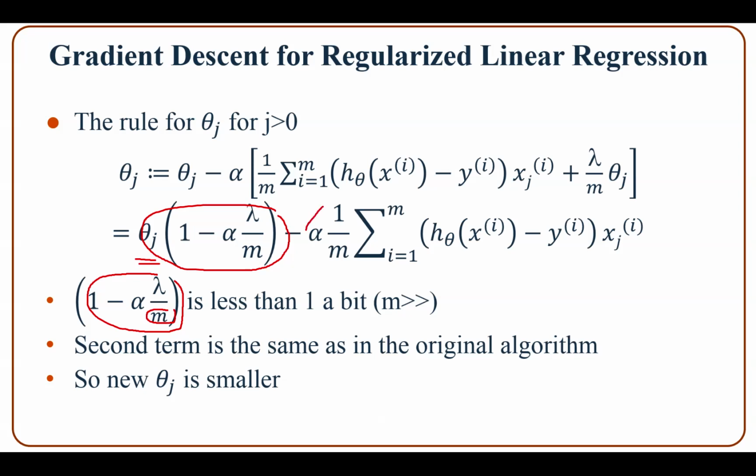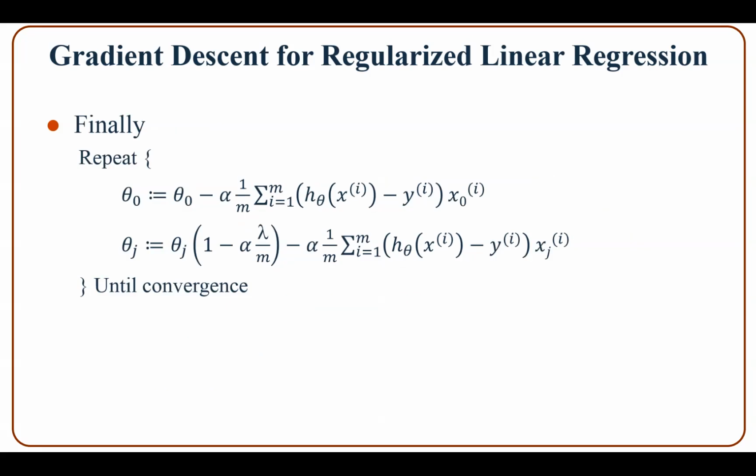And the second term here is the same as in the original algorithm. So the new theta here is smaller and smaller. And finally, this is the gradient descent algorithm for regularized linear regression.